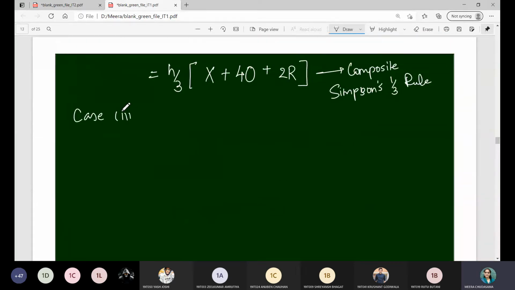So case 3: here we took n equal to 2, now we have to consider n equal to 3. That means the function will be approximated by a cubic polynomial p3(x), that is ax cube plus bx square plus cx plus d, where a is not equal to 0, and a, b, c, d are all real numbers.